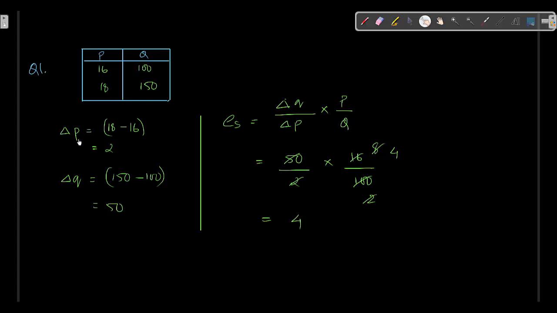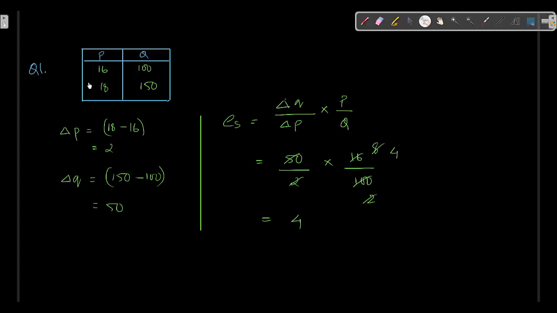So now how do we find change in quantity and change in price? Delta P stands for change in price, right? So here for the price, you have to always subtract from 18 minus 16, and that way you will know the change in price. If you do 16 minus 18, you will get minus 2.